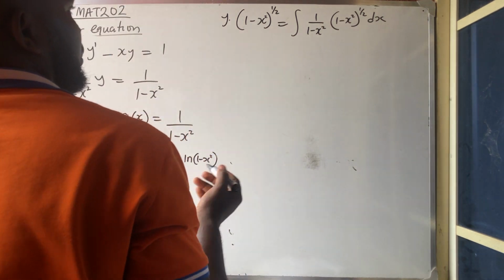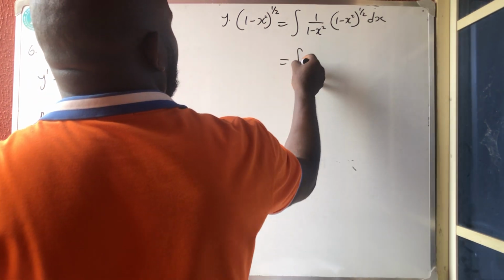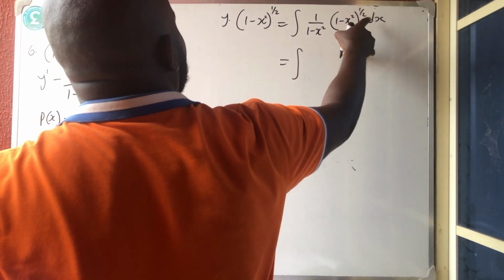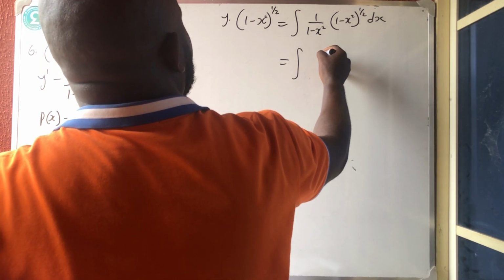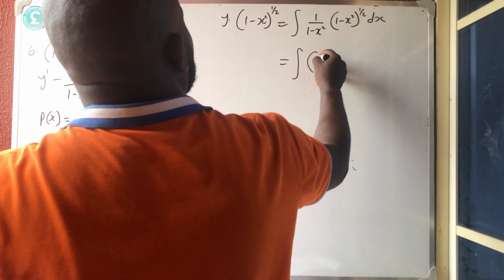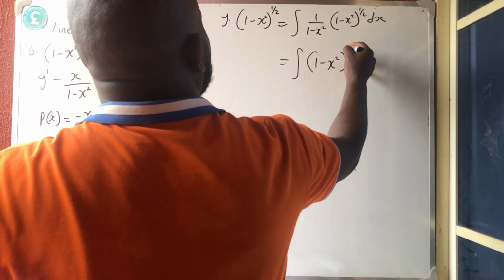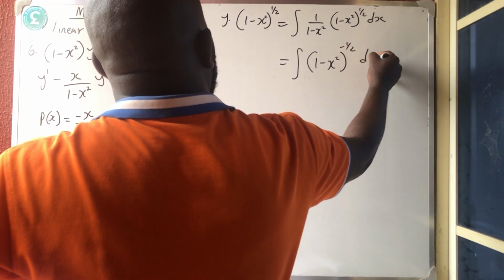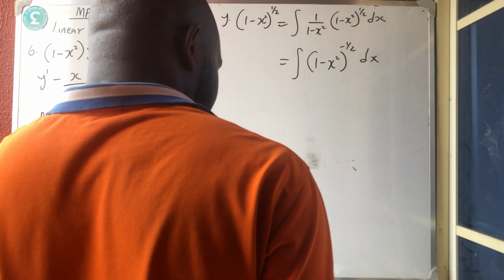Sorry, there is a squared here. According to indices, this is half minus this, so I'm having minus half. So I'm having (1 minus x squared) all raised to power minus 1 over 2 dx.